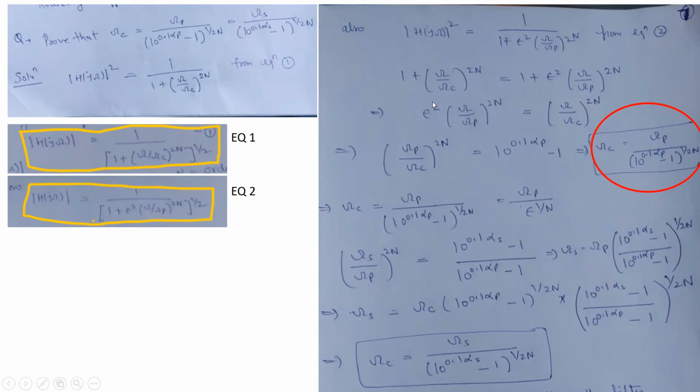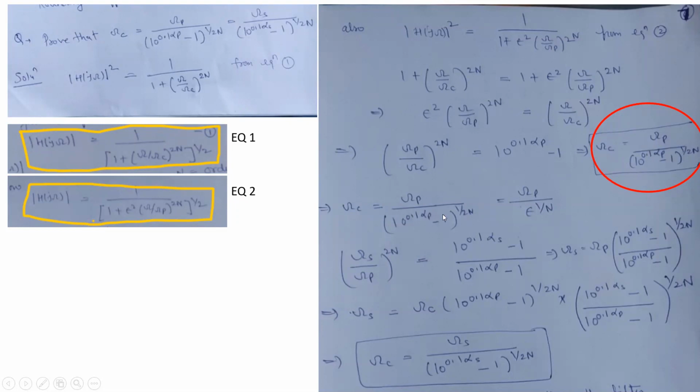When we equate these two equations and simplify, we are able to find an expression of cutoff frequency in terms of passband frequency, passband attenuation, and order of the filter.